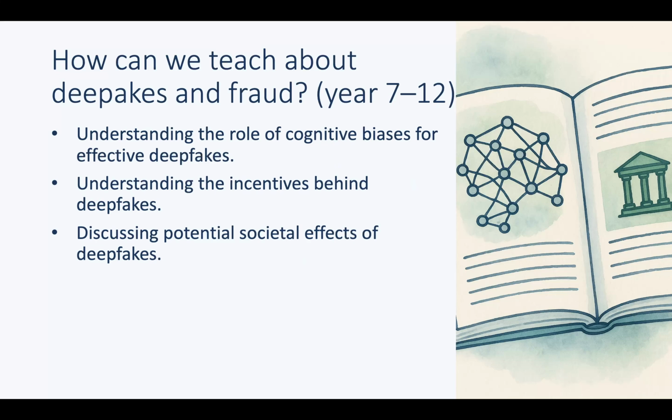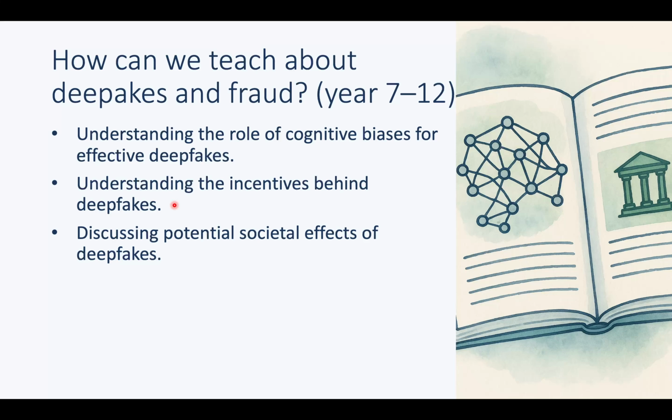Then we have secondary school, where you can go more in depth depending on the age of the students. I think here we can go beyond the psychology of virality and also start looking at cognitive biases that are exploited when deepfakes are created or spread, and understanding your own psychological flaws that are being exploited.